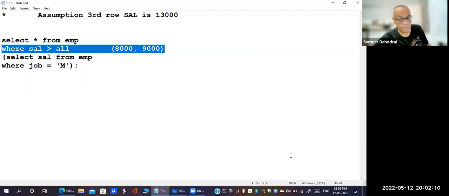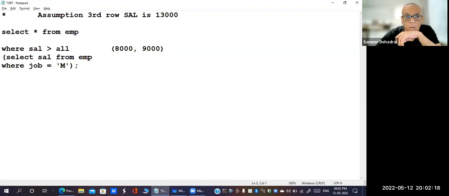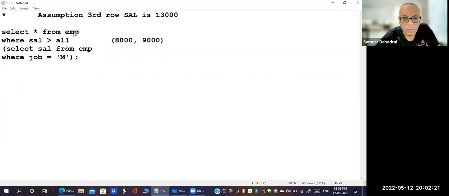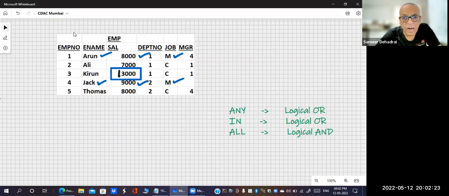Yes, this is one solution. Right now, we are having two managers, Arun and Jack. So my subquery returns two values, 8,000 and 9,000 respectively.